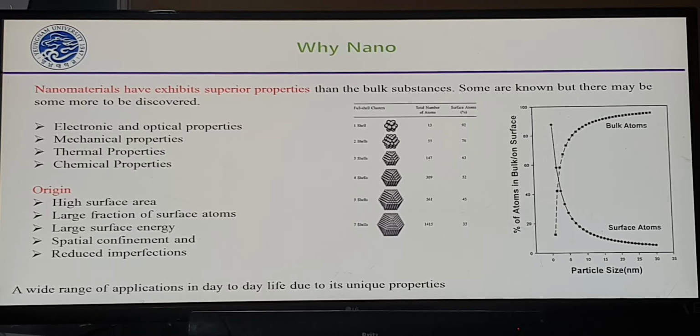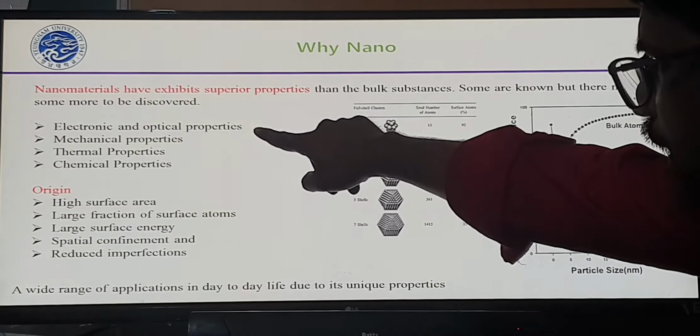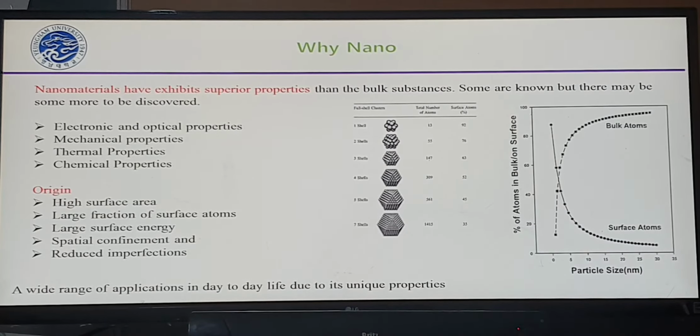See the first point, the electronic and optical properties. When a material, for example, zinc oxide, tin oxide, like that, most of the materials, when it comes to nanoscale from bulk, its electronic and optical properties may change.